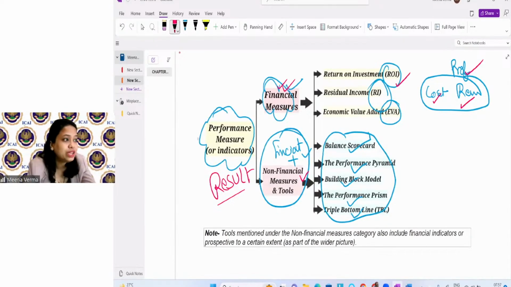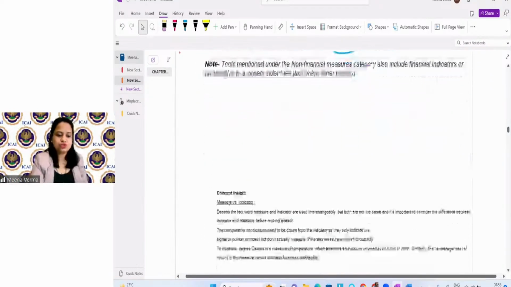Even the environment: with the activity of the company, we are not damaging the environment. Not at all. So we are accountable toward everything. We want to achieve not just financial goals, but the non-financial goals of the company also. We want to achieve both financial as well as non-financial goals.